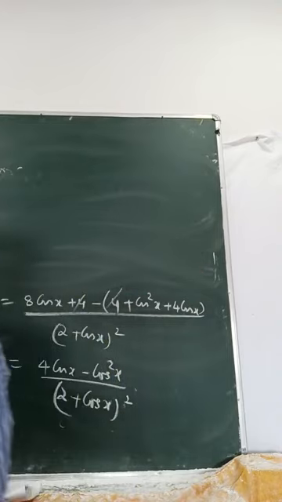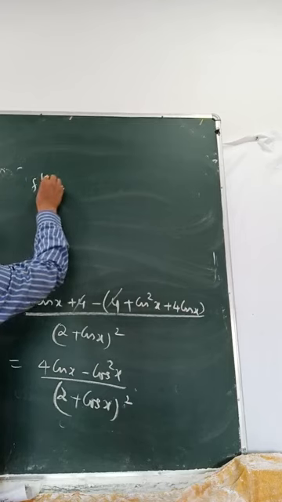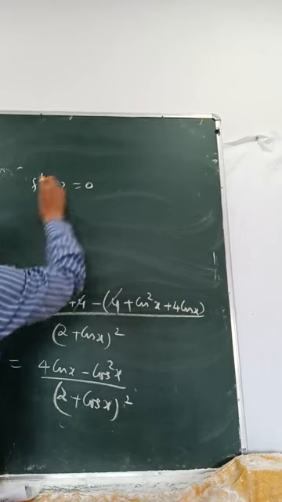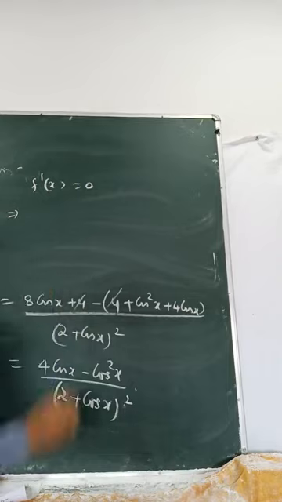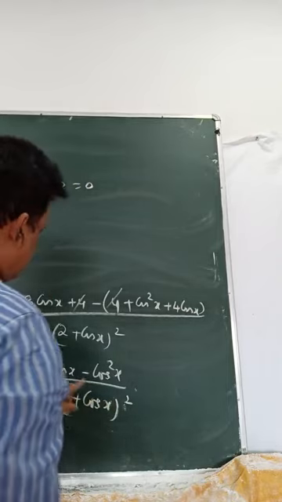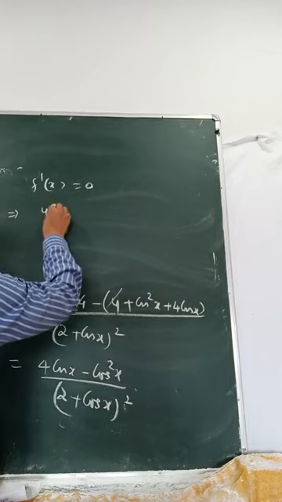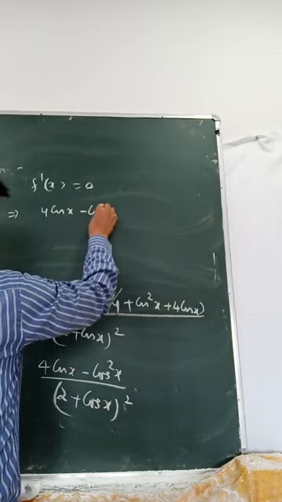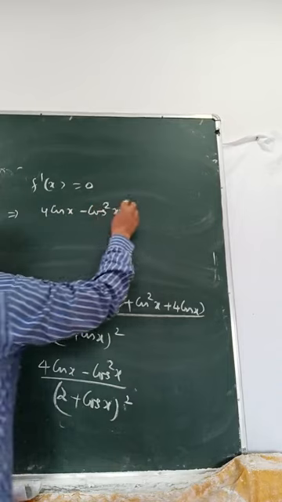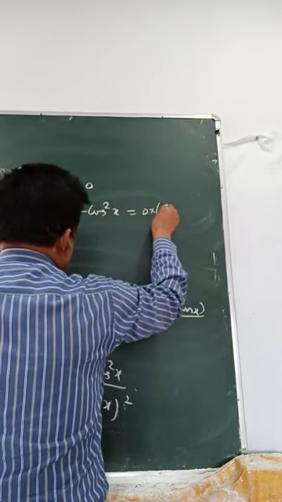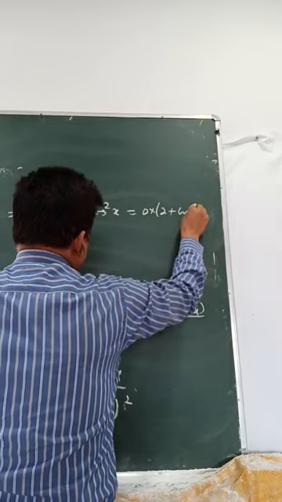So now your f dash x will be equal to 0. The square of any number cannot be 0. So 4 cos x minus cos square x equals 0 times 2 plus cos x whole square.